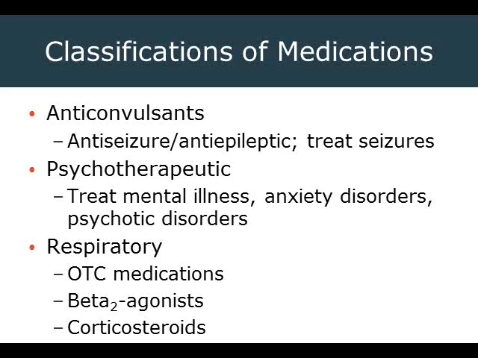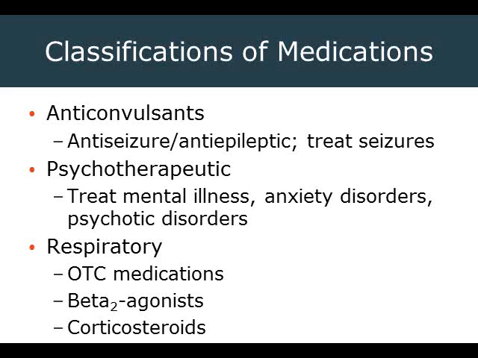Some of them have sexual side effects, causing anorgasmia, where a person can't have an orgasm, or there may be drugs that cause excessive weight gain. So these psychotherapeutic medications help us feel better, but they don't come without the potential side effects.